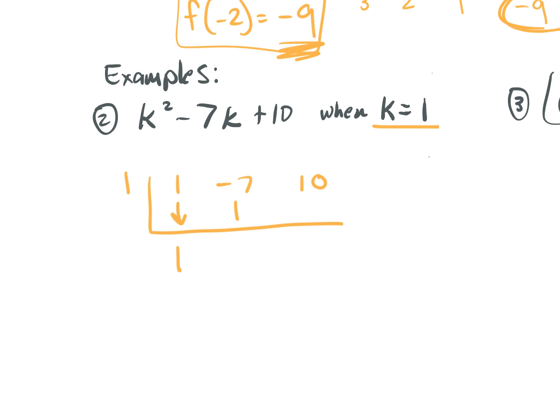Add on the inside. -7 plus 1 is -6. Multiply the outside. 1 times -6 would be -6. Add on the inside. 10 minus 6 would be 4. So f of 1 would equal 4. Just the remainder is our answer. So this question's asking us the same thing. Use the remainder theorem to evaluate. Just the remainder is your answer.